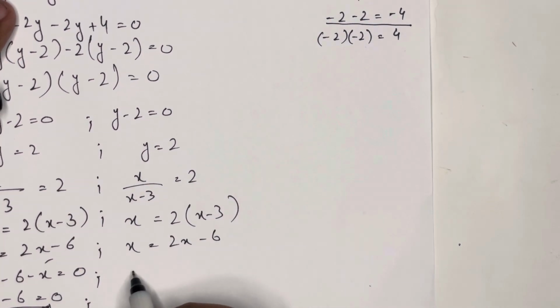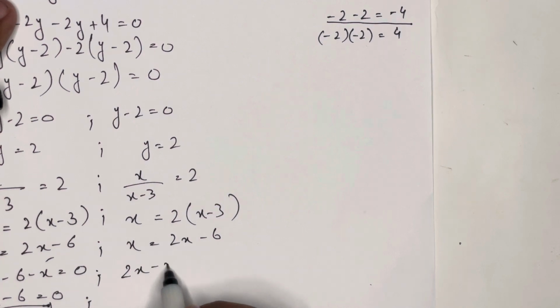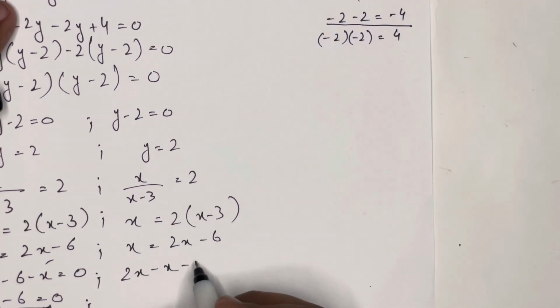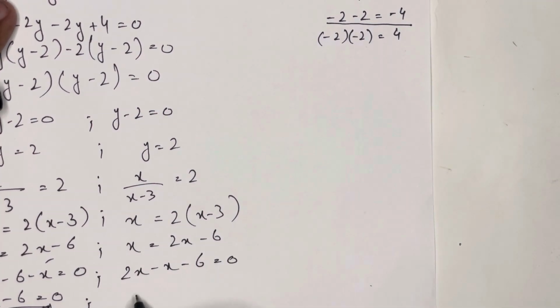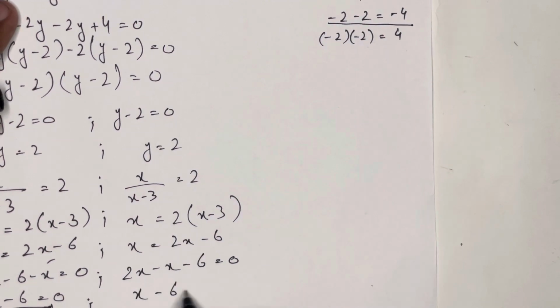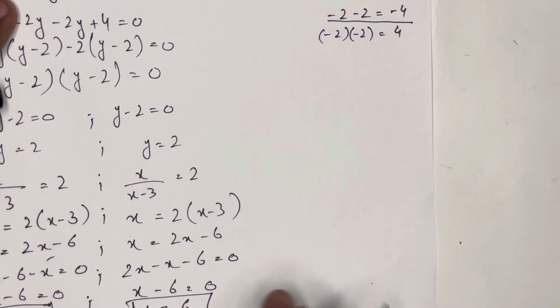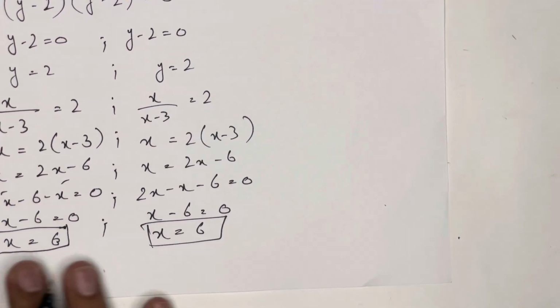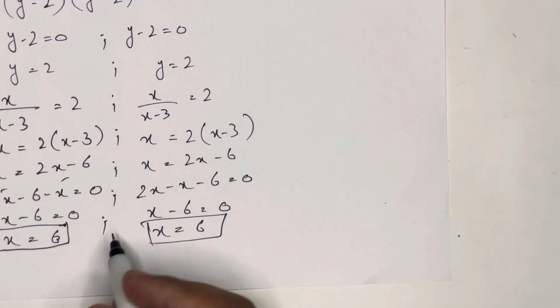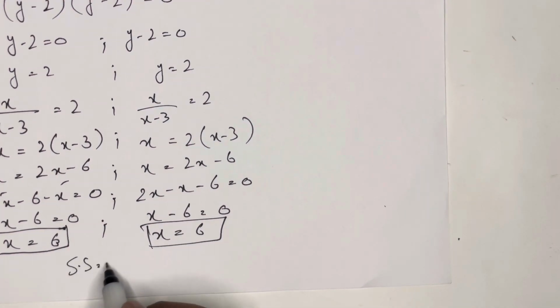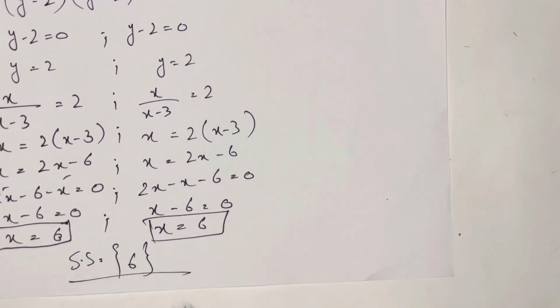And when I shift this term, I can write 2x minus x minus 6 equal to 0, and here x minus 6 is equal to 0 and x is equal to 6. So both give the same value of x, so the solution set will be a single term, that is 6. So this is a simple equation.